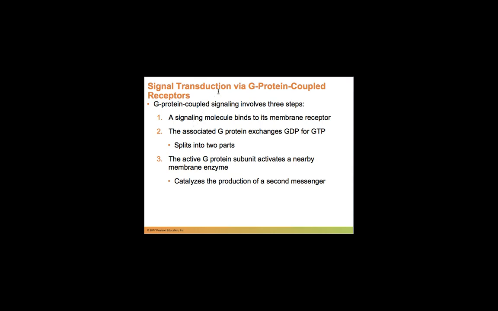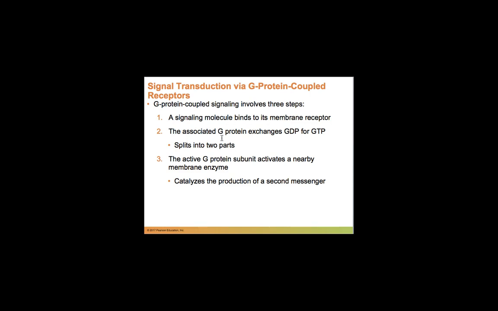So G protein coupled signaling is going to involve three major steps. First, we're going to have a signaling molecule bind to a membrane-bound receptor. Remember the whole idea with G protein coupled receptors: we need that membrane-bound receptor because these hormones, these molecules, are unable to pass through that lipid bilayer.